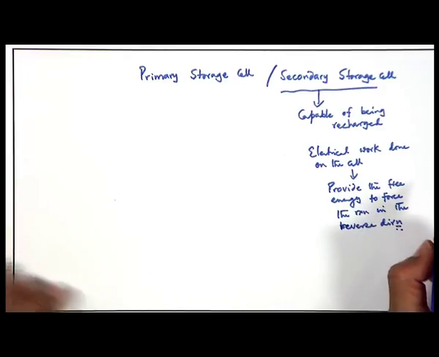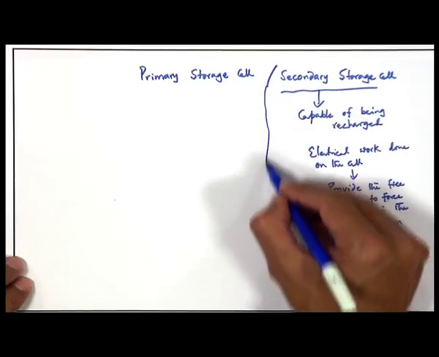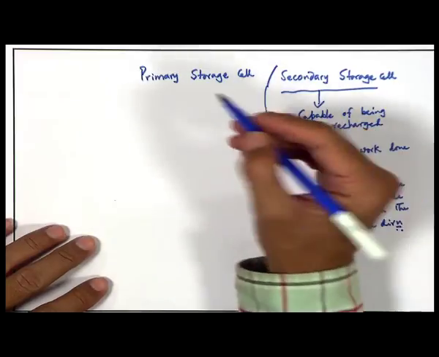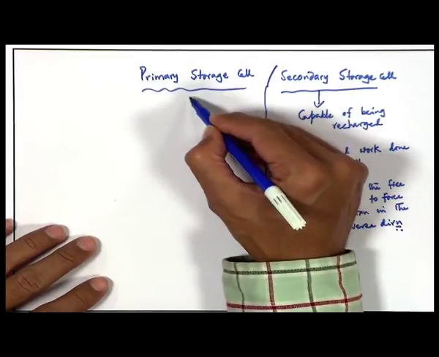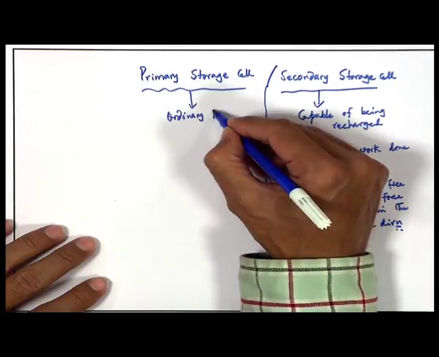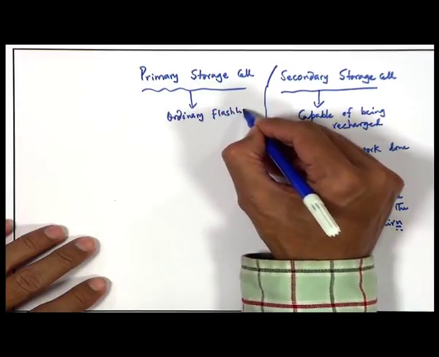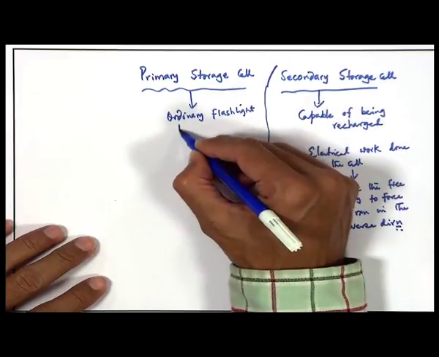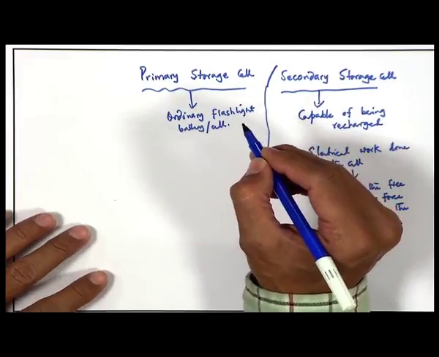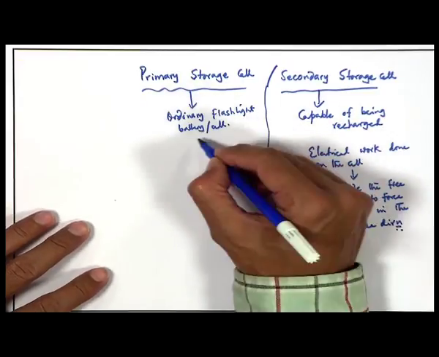Okay. Now, in case of a primary storage cell, see ordinary flashlight cells or batteries, they cannot be recharged with efficiency.